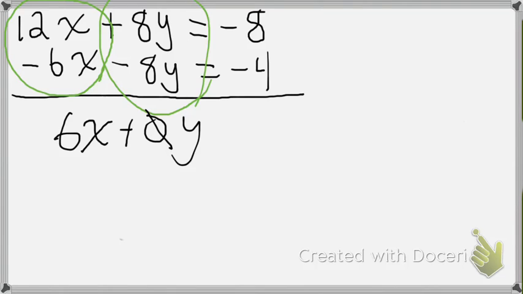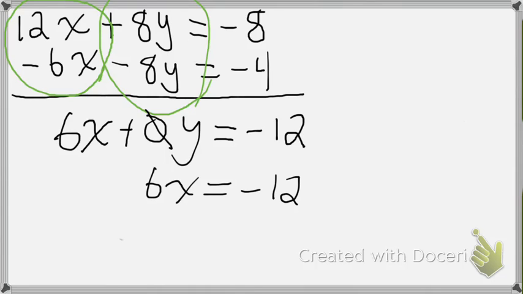So that's it for the left side of the equation. On the right side of the equation, negative 8 and negative 4 add up to negative 12. So you can see we've eliminated y, and we're left simply with 6x equals negative 12.